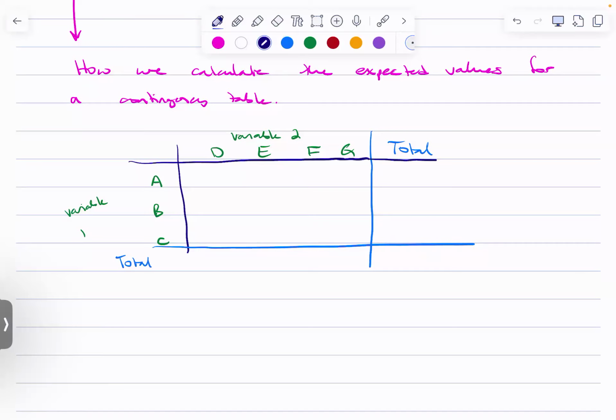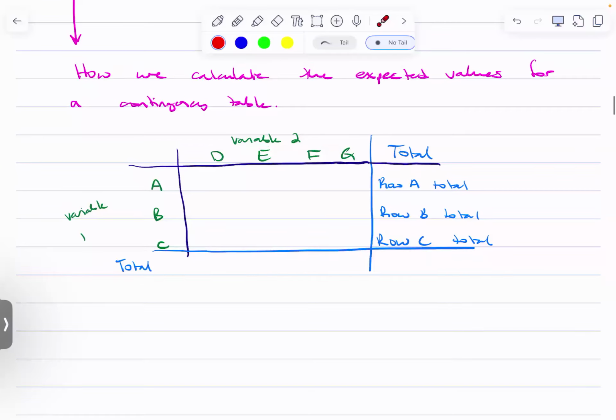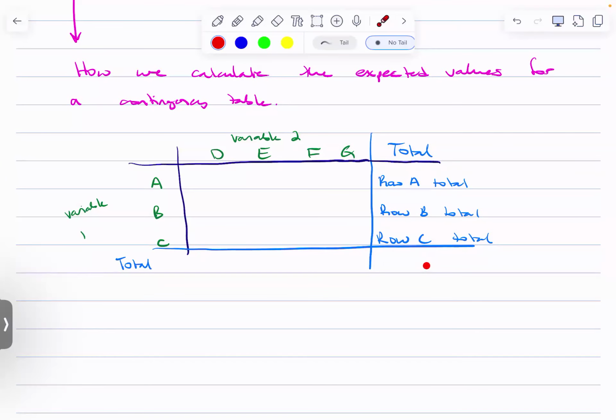So you would have a row A total, row B total, and a row C total. Now down here at the bottom is the grand total.